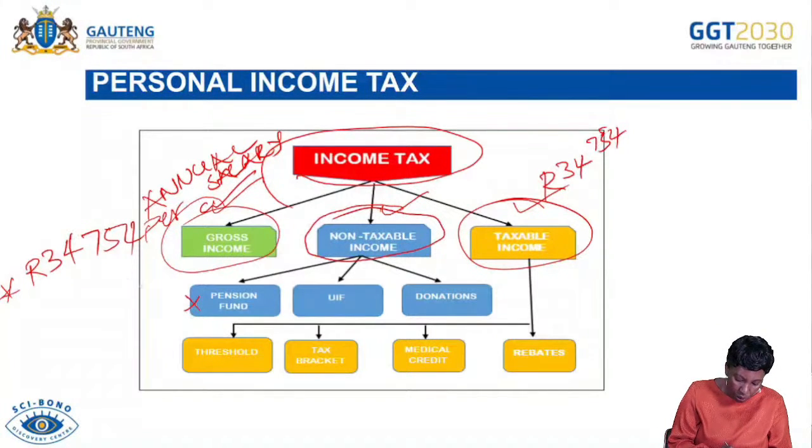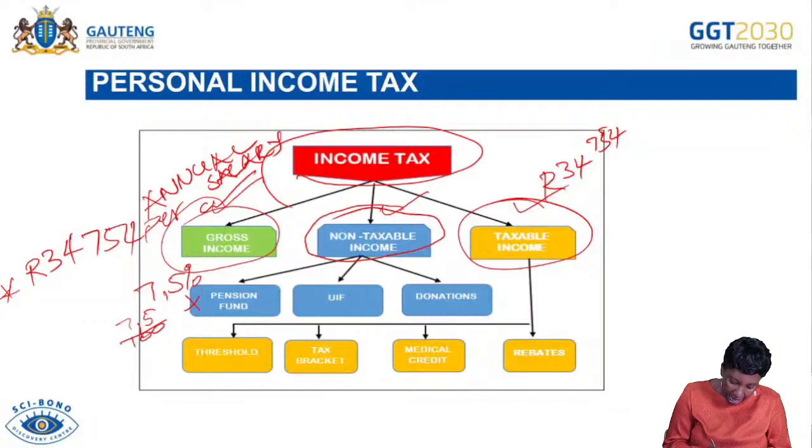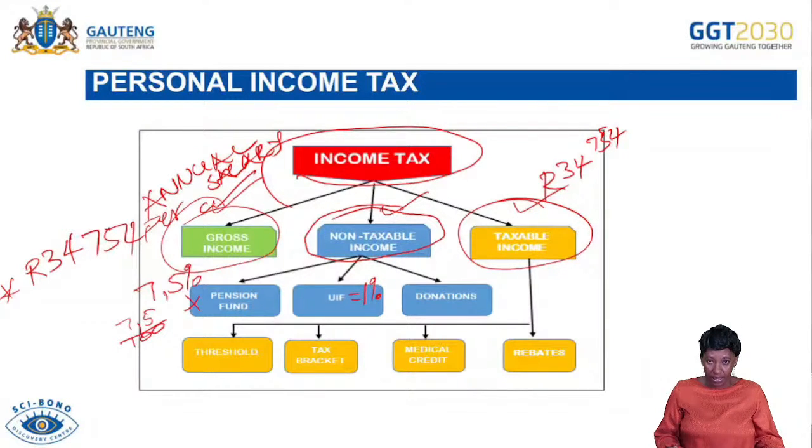And the pension fund is what? It is 7.5%. Or you can even say 7.5 over 100 of what? Of my basic salary.